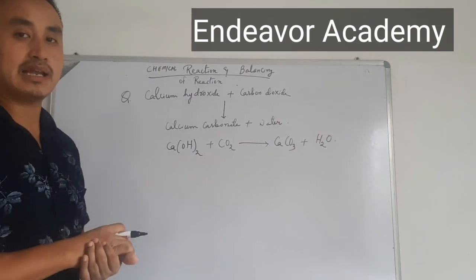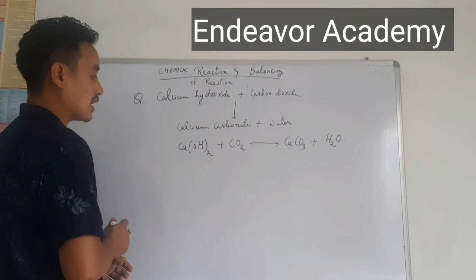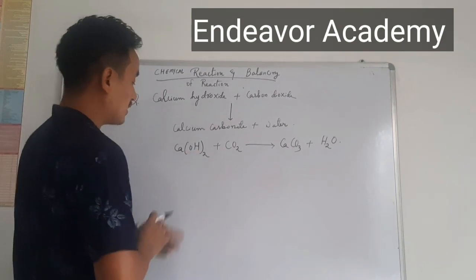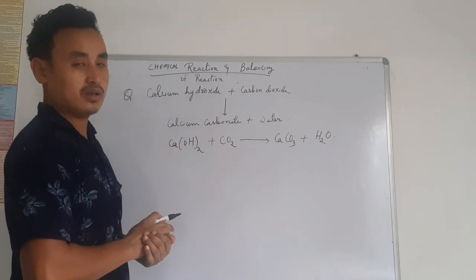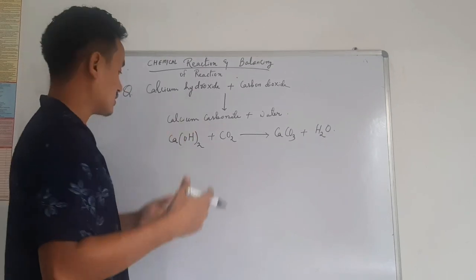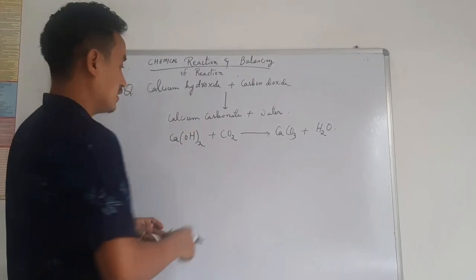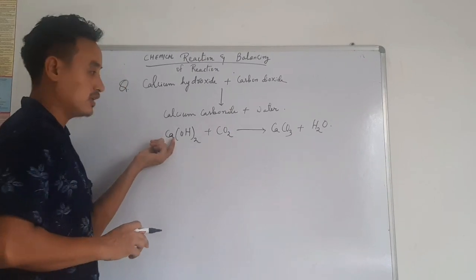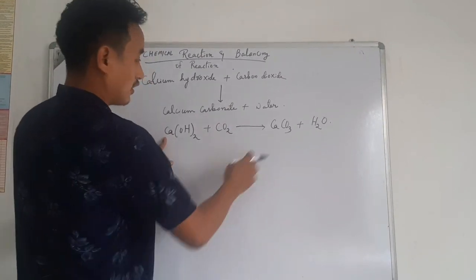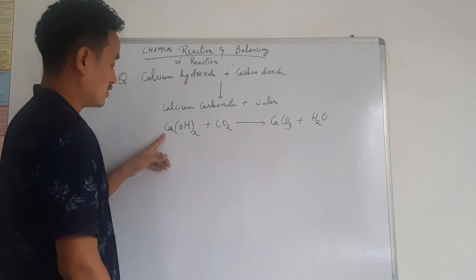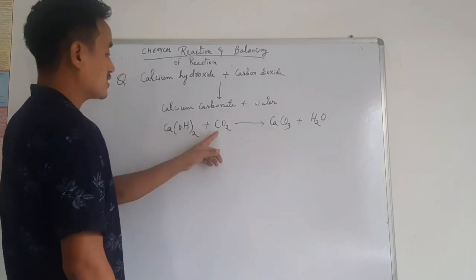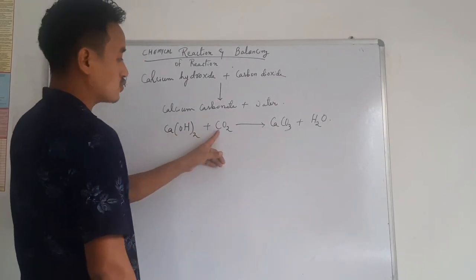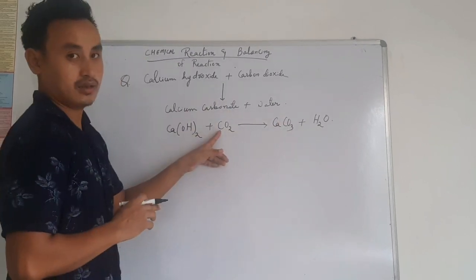First of all, we will balance the metals. Here we don't have any metal, so now we will balance the non-metals. We have calcium and carbon. First we balance the calcium. Calcium is 1 here, and here also it is 1. So it's already balanced. Now we'll see carbon. Carbon here is 1, and here also it is 1.